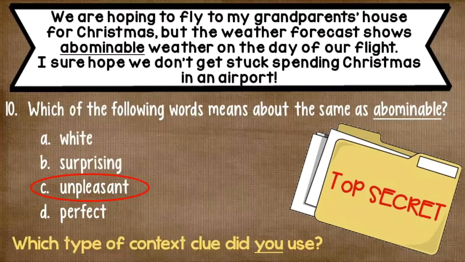So what kind of context clue did we use here? If the weather is abominable, and we know they sure hope you don't get stuck spending Christmas in an airport, they're giving us an explanation, but you could also use an inference, because when people get stuck in airports, it's usually because of a storm or it's raining or something like that. You see it on the news and the weather all the time.